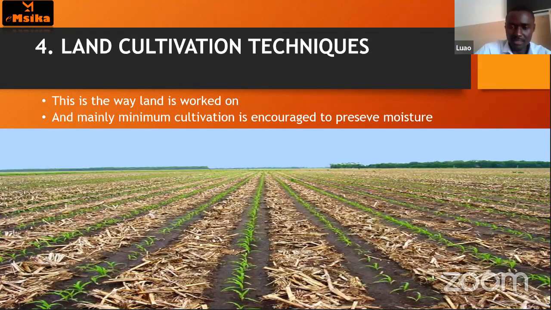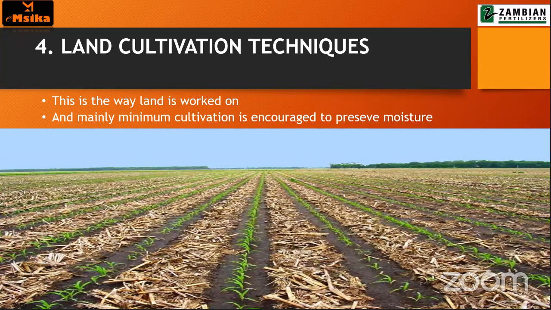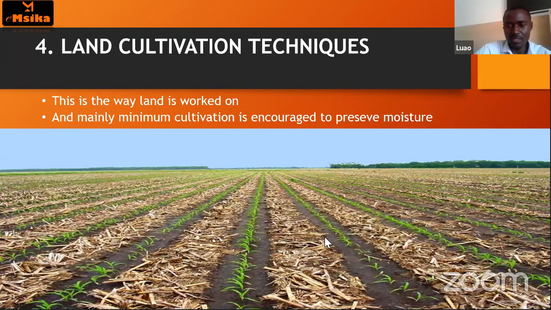The second point, apart from conserving water, is that there's no volatilization as compared to someone who does conventional plowing, who plows everywhere.